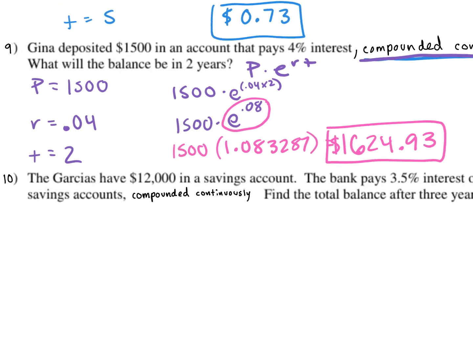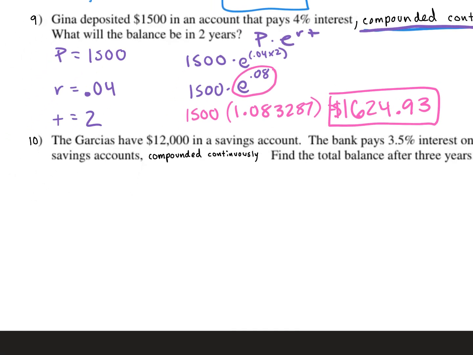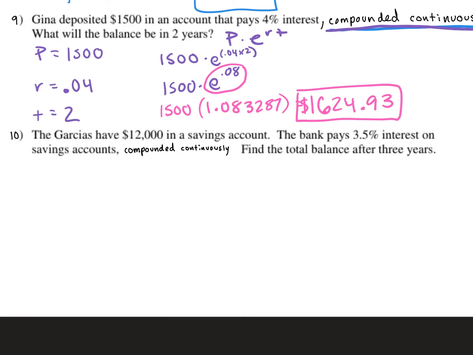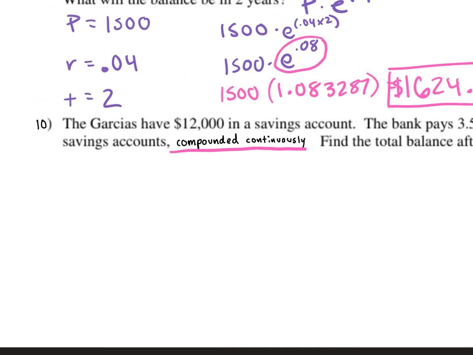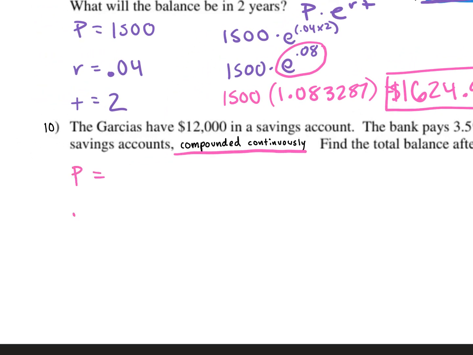All right, last one. The Garcias have $12,000 in a savings account. The bank pays 3.5% interest on savings accounts, compounded continuously. Find the total balance after 3 years. So which formula am I going to use? PERT. Compounded continuously means PERT. So I need P, R, and T. What's P? 12,000, the starting amount.